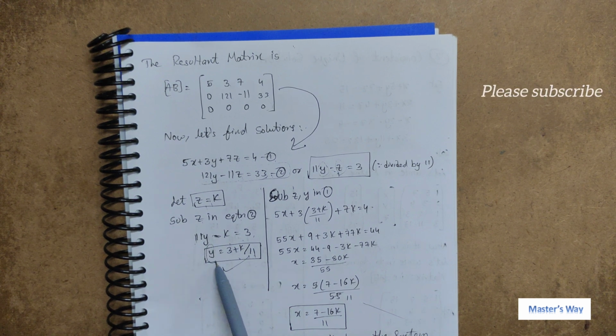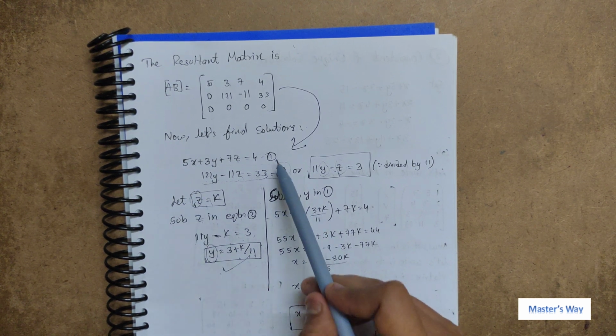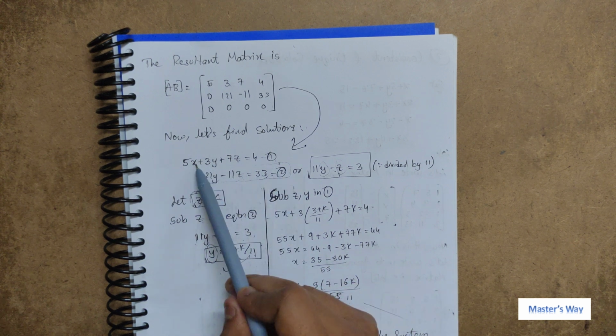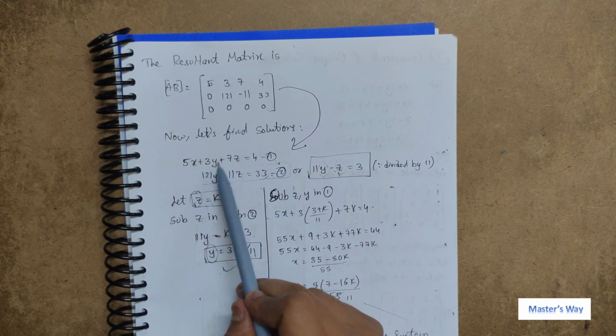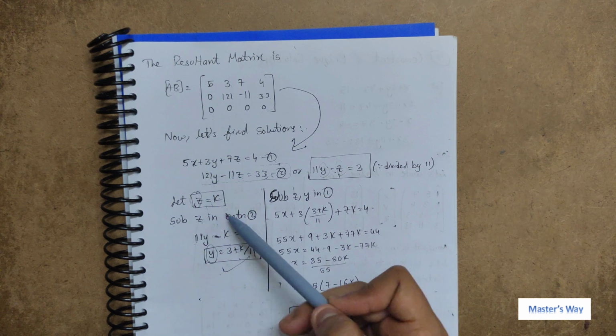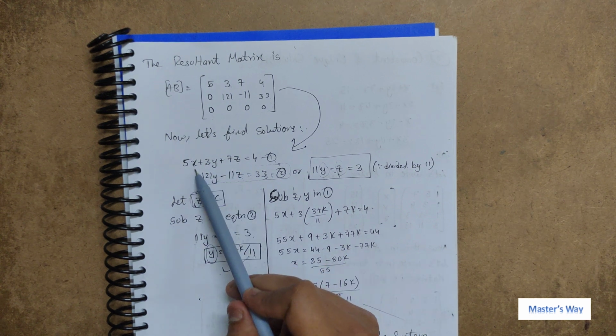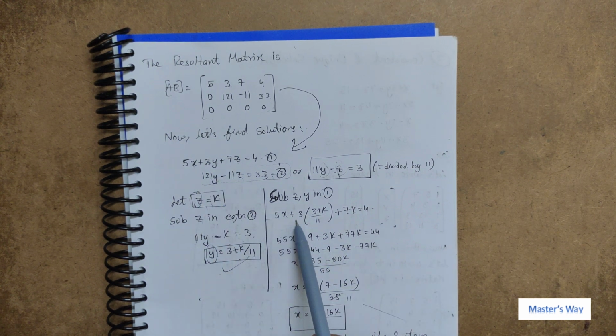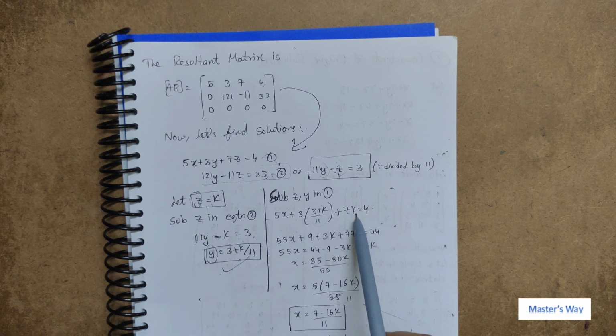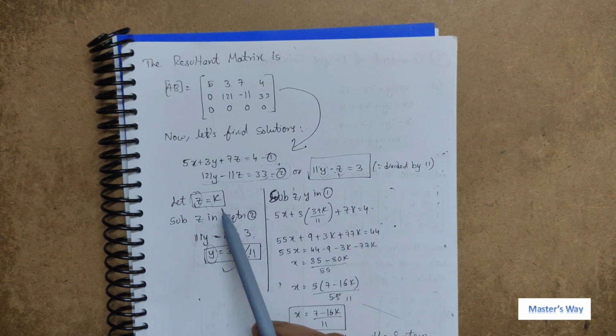Now we will substitute this y and this z in this equation so that we will get x, because x, y, z are unknown variables here. Y, z we already have values, hence we will get the x value. So you can see 5x plus 3, in the y place I have substituted the y value, plus in the z place I have substituted k.